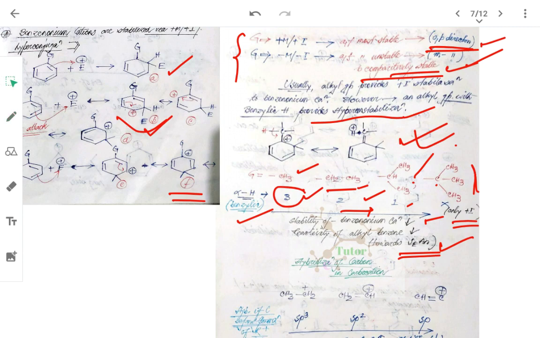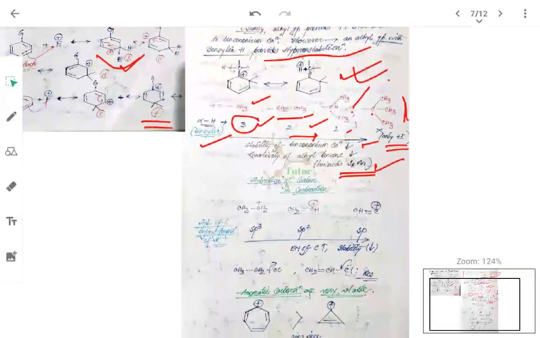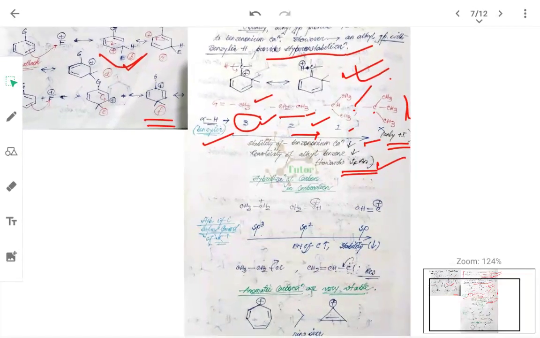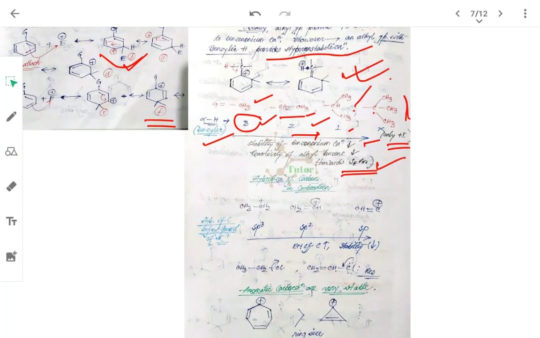Now look at, guys, how hybridization of carbon affects the carbocation. Hybridization of carbon in carbocation. This is sp3 hybridized, this is sp2, and this is sp hybridized.